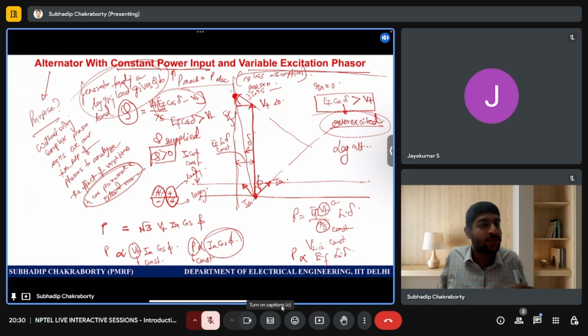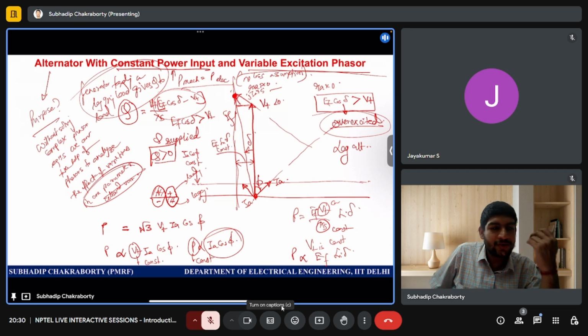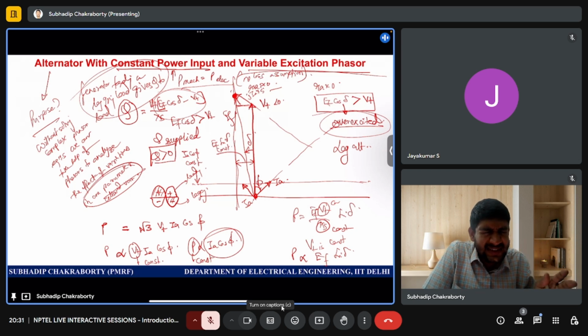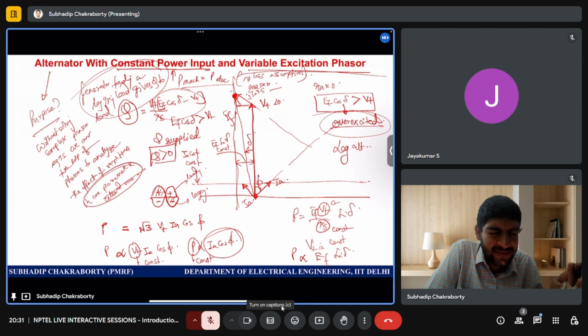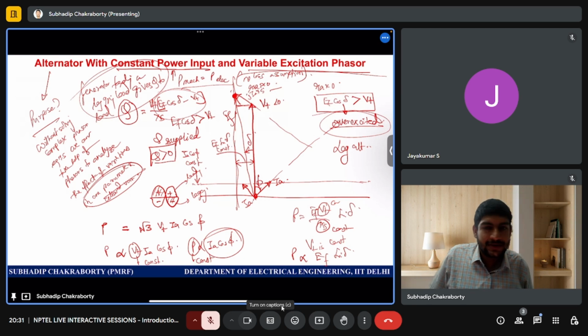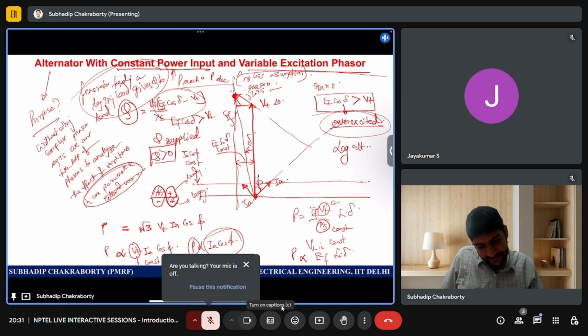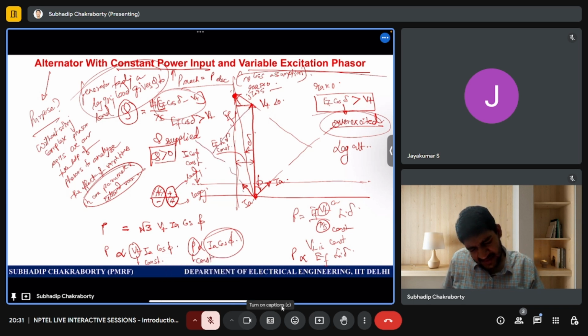Since you are getting more money, you have to spend it, so you have to lose it. You don't have to generate or increase EF to provide for the reactive power, because increasing EF means providing more reactive power. But you don't need to do so because you are already getting it from the load. So that's why I can draw the phasor diagram. If this is IA, how will the IA axis be? Like this.